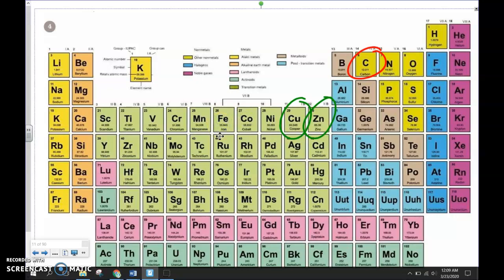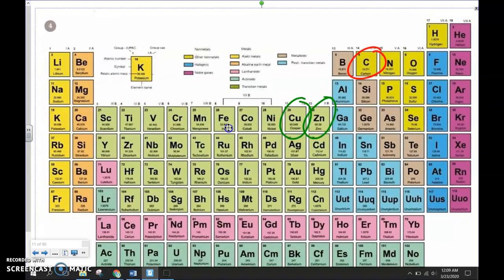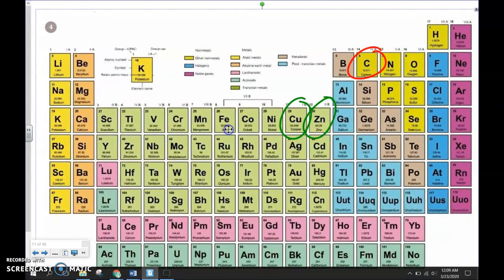If you notice how far apart those two are on the periodic table, we can see that carbon is very far away. It's one of the earlier elements. This is element number 6 compared to iron being number 26. It means carbon is actually pretty small compared to iron.